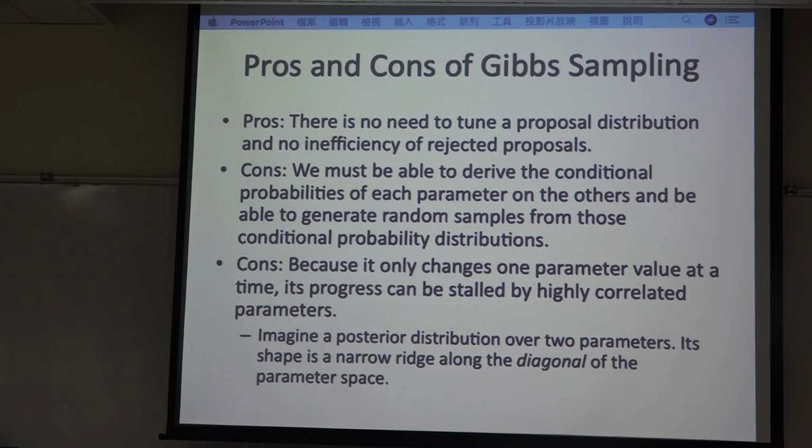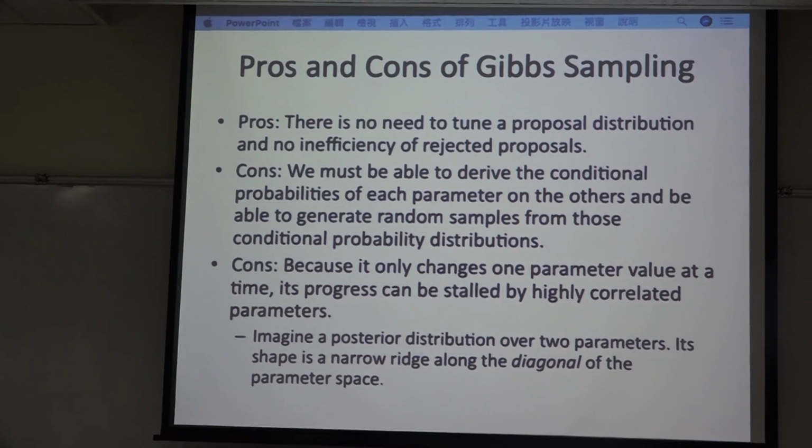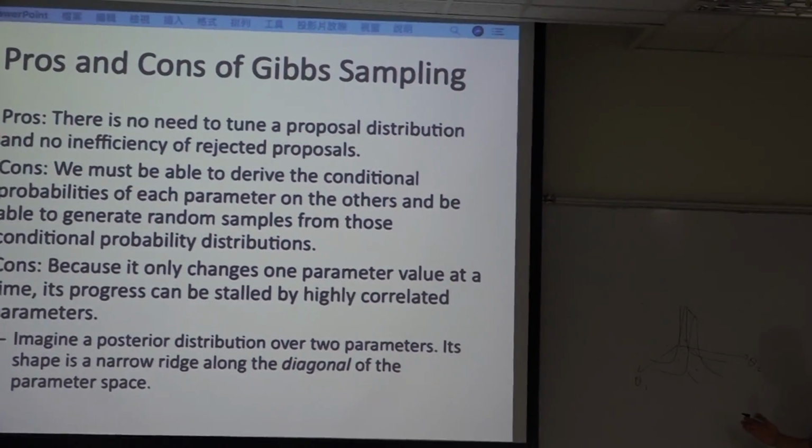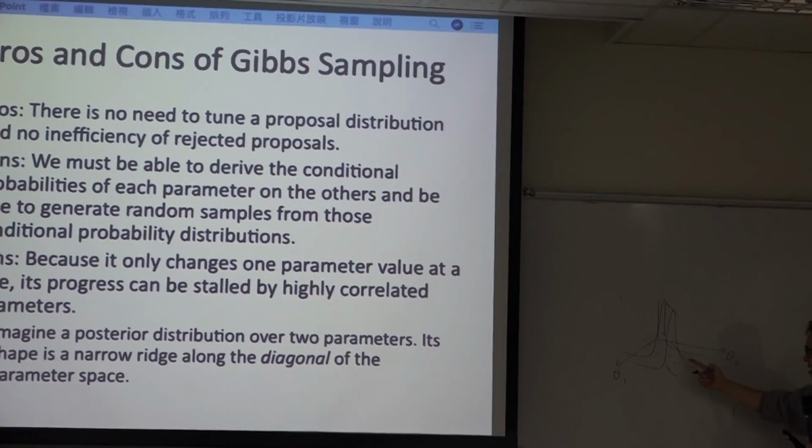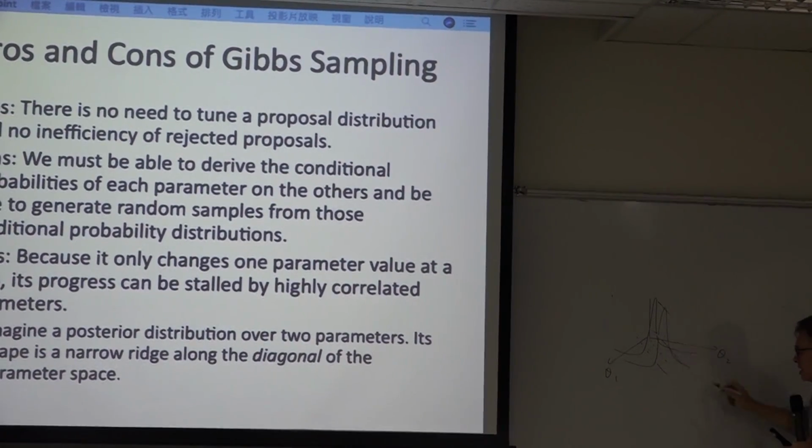It's very high only along this line. It's very concentrated on the line of theta 1 equal to theta 2, and for the other places it's almost all 0.